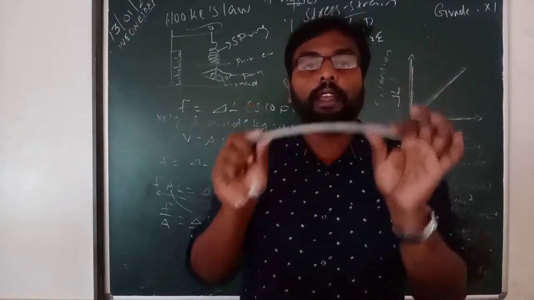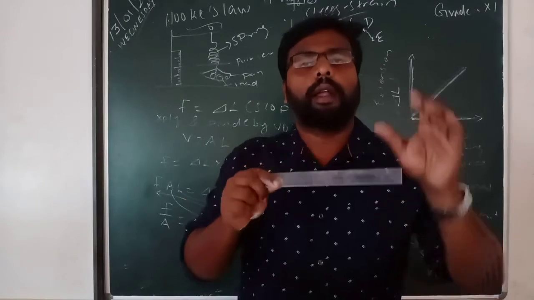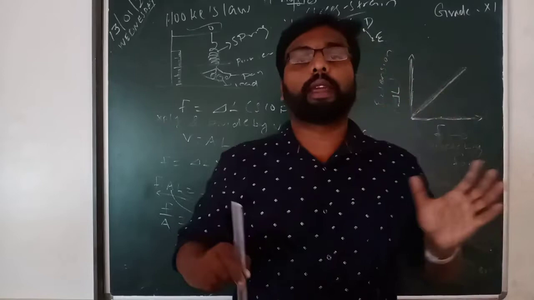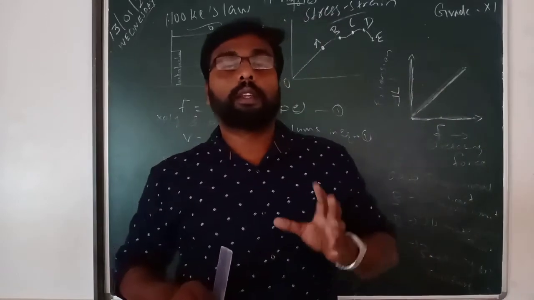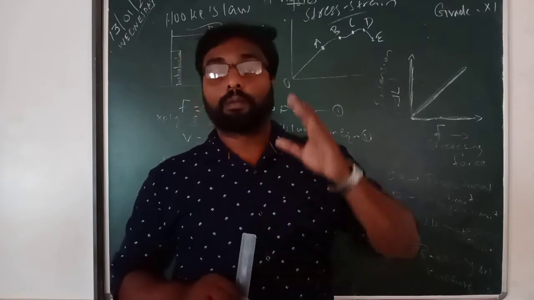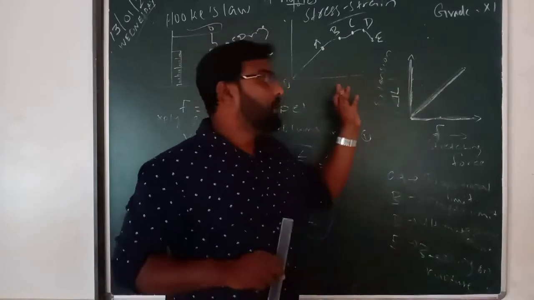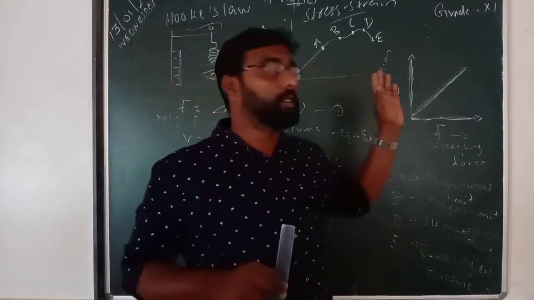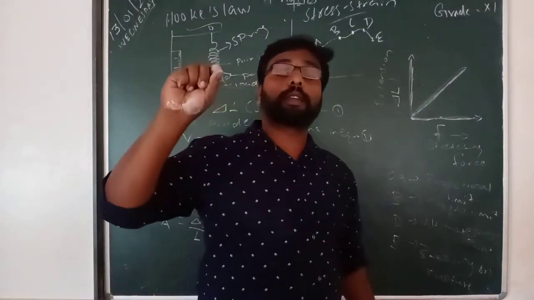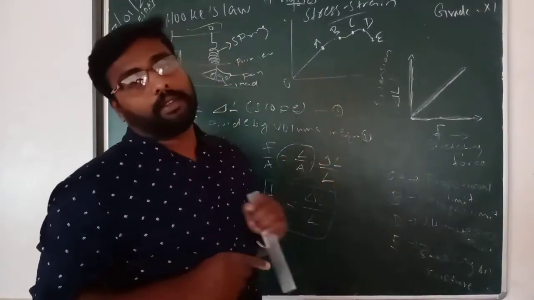Suppose if it is an elastic ruler, until some extent, what? It will not break. You can bend it like anything. That is a different behavior, elastic behavior. So by analyzing this graph, the behavior of elastic and plastic is mentioned.